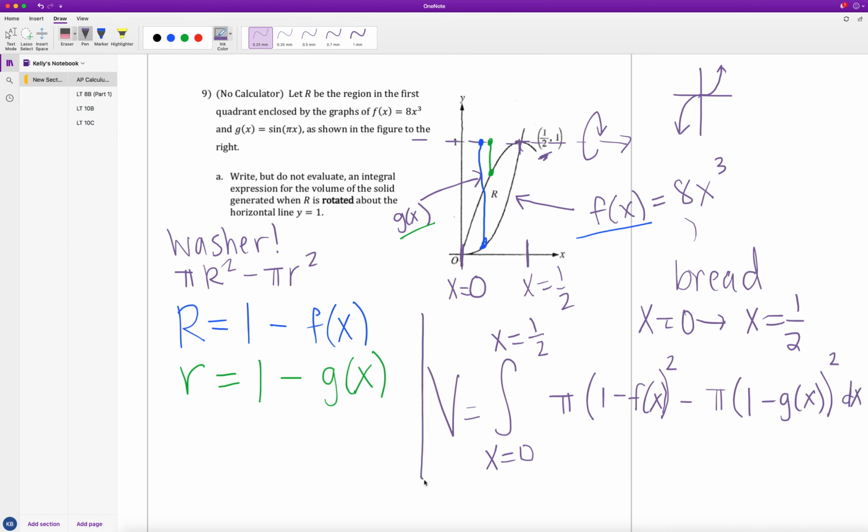So this whole piece right there, if I can box it, there we go, will be our final answer for our volume.